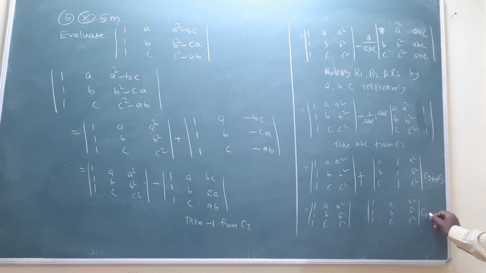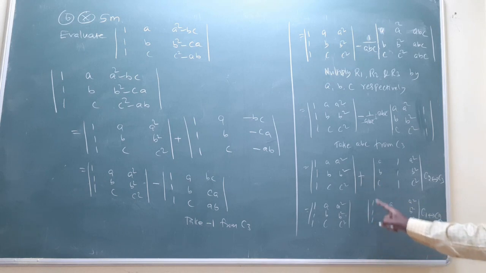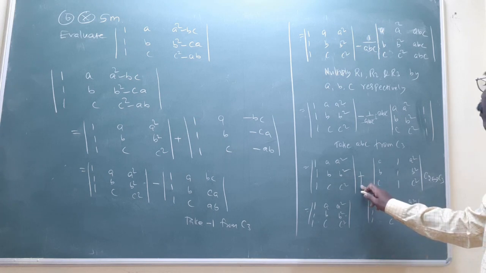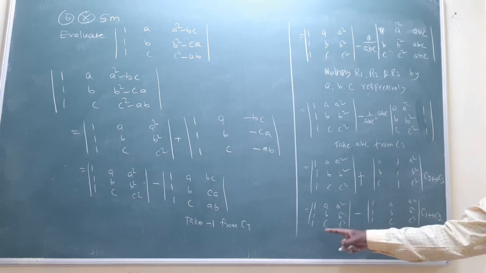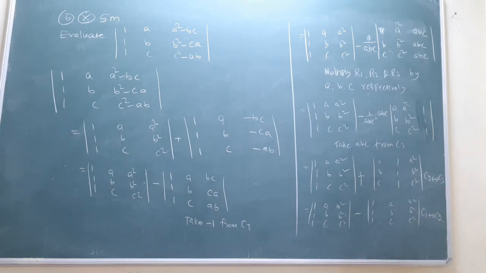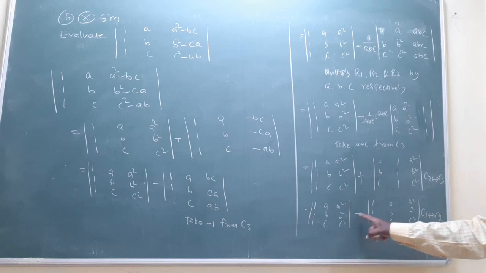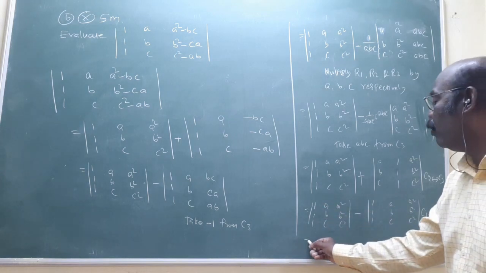C1 implies and is implied by C2, and we plus that. C1 and C2 are interchanging. What is the property? Any two columns are interchanging, the same value will come but with opposite sign. What is the sign? Minus plus. Now this side is equal to 1A square, 1B square, 1C square. Here also 1A square, 1B square, 1C square. Both are equal but they are minus. But automatically 0 is not the answer.